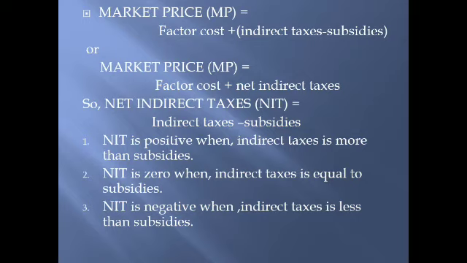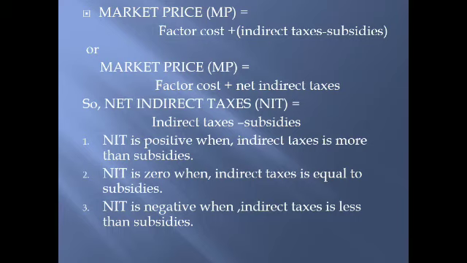Here we have to understand that the formula of net indirect taxes, that is indirect taxes minus subsidies, will never change. That will always be indirect taxes minus subsidies only. That can never become subsidies minus indirect taxes. So what we conclude is NIT, net indirect taxes, can be positive, can be zero, and can be negative.